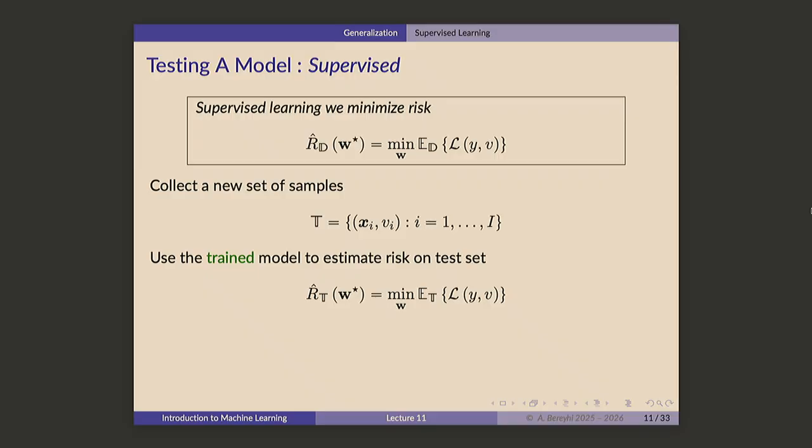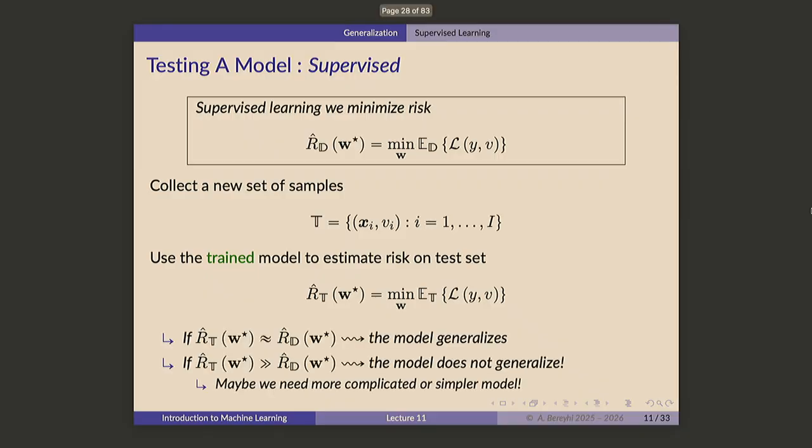Now, if your model is generalizing, the empirical risk that you get is going to be very close to what you got during training. This is when you say that the model is generalizing. But if they are far away, like the new risk you are computing is significantly higher than the one you had during training, then this means that it's not generalizing, and then you need to figure out some way to fix it.